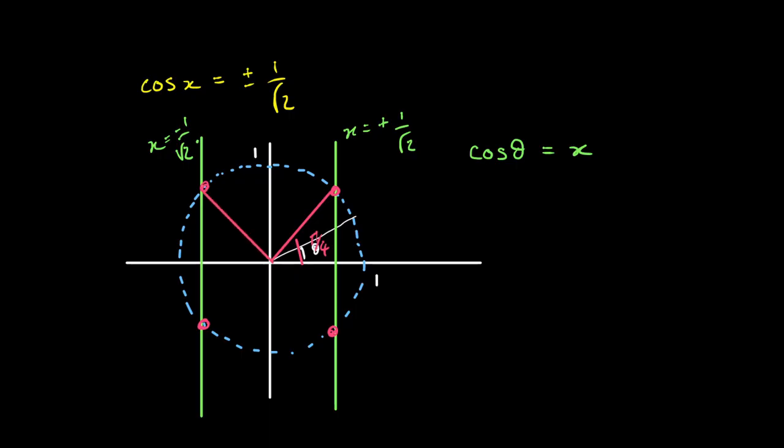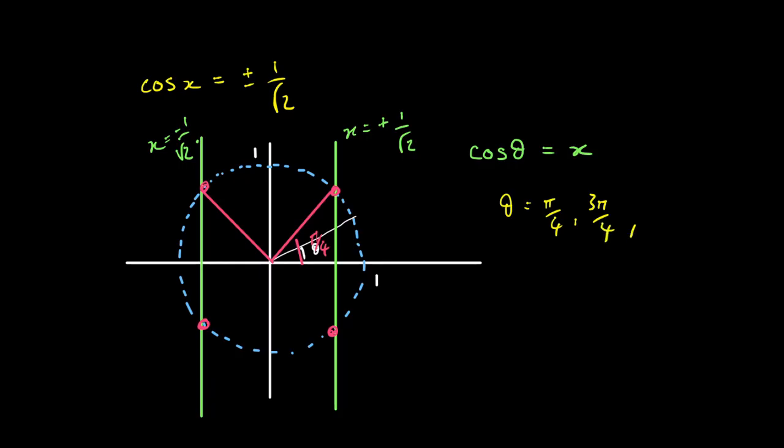Well, if we just use symmetry, this angle here is also going to be pi by 4, because if that's pi by 4, then that's pi by 4. So this angle here will be 3 pi by 4. So we're going to have theta is equal to pi by 4, 3 pi by 4.